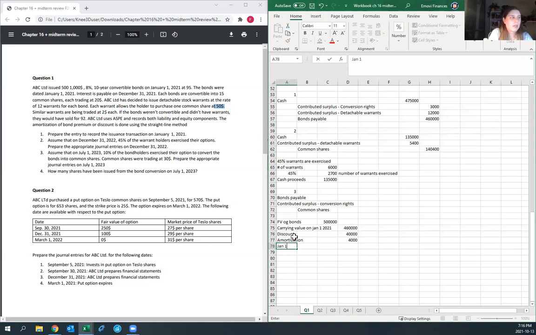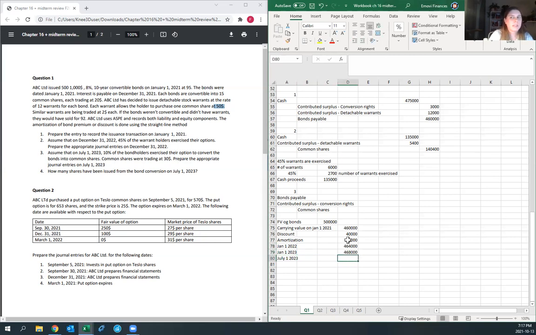So on January 1st, 2022, your carrying value should be the 4,000 that we just calculated plus $460,000. So that gives us 464. On January 1st, 2023, it gives us 468. And then the date is July 1st, 2023, so it's not going to be the whole 4,000.